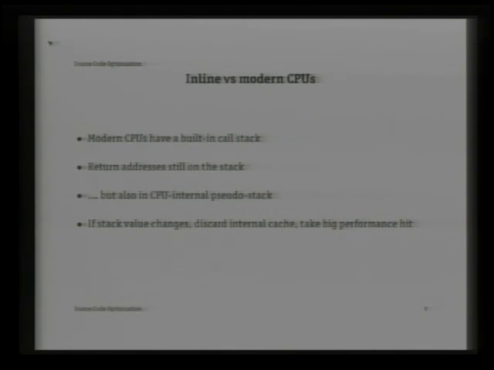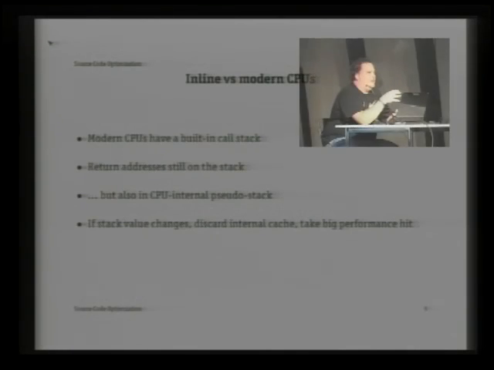There's another thing about inline. The thing that you try to optimize away with inline functions, the call, is actually pretty well optimized in modern CPUs. Modern CPUs don't have just the usual stack that's used for the arguments of functions, but they have a separate mini stack in the CPU that just caches the last return values. And these values are used to prefetch the code, and so it's actually like a conditional branch, and the CPU uses the same branch prediction logic.